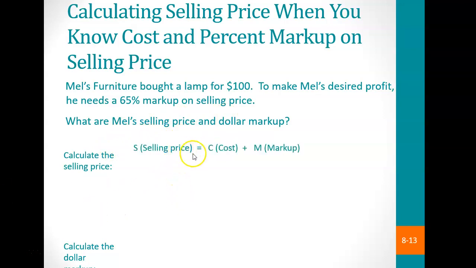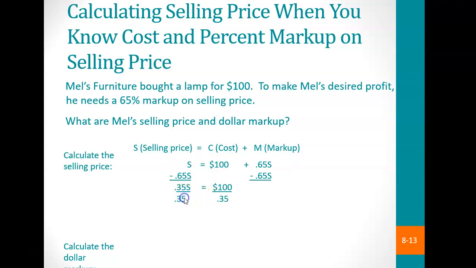So again, selling price equals cost plus markup. We know the cost is $100. The markup is going to be 65% of the selling price, which is unknown at this time. So using the order of operations, get the variables on the same side. That would give you 0.35 times selling price equals 100.